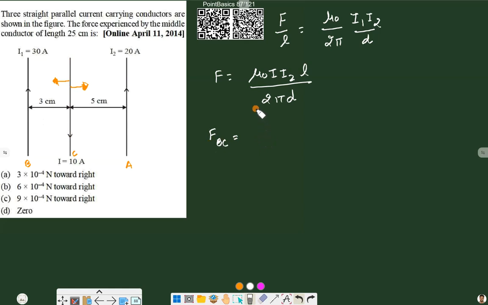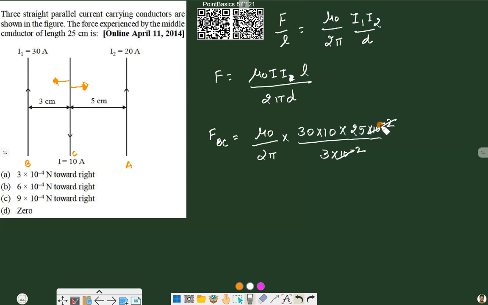So it will be mu naught by 2 pi into the value of I1, that is 30, and I, that is 10, into length, that is 25 centimeters, so 25 into 10 raised to power minus 2, divided by the distance, that is 3 centimeters.